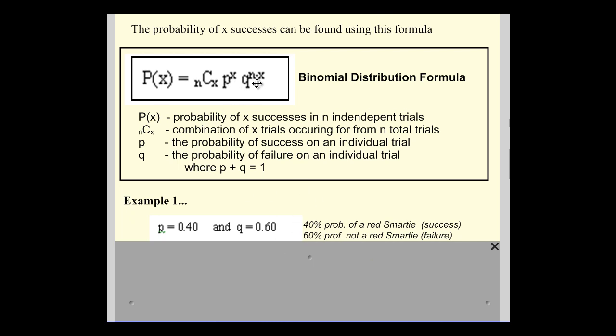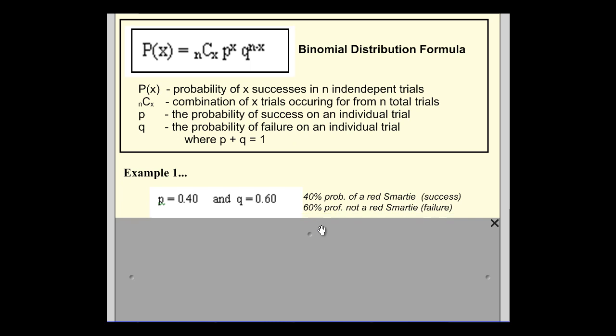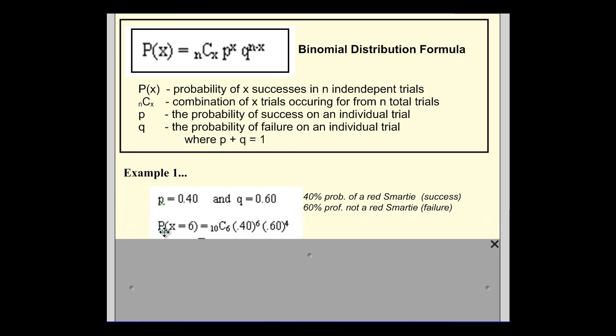Okay, so we've got our p and our q. We're running 10 trials, so n is 10, and we want 6 of them to be red, so that's our x. It really comes together well. So we want the probability, given a binomial distribution, of 6 red Smarties. There's 10 in a box. We pick 6, and it's 0.4 chance to have 6 red, and then 0.6 that 4 are not red.